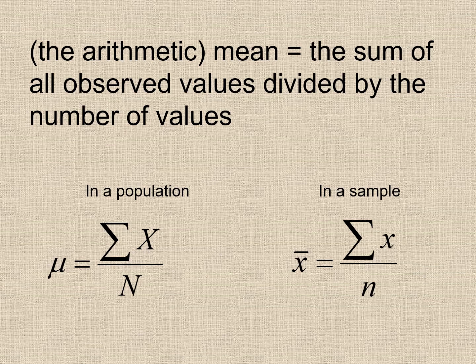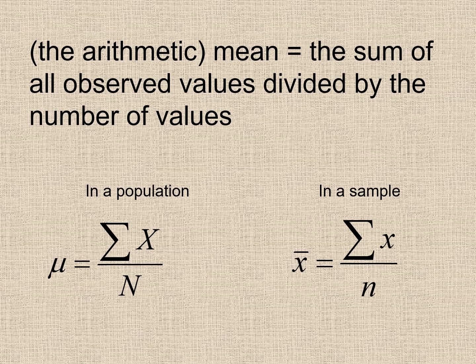So we have some formulas here. If we look at the left, in formulas it's quite common, but there are other notations also, to use this Greek letter μ. So the formula on the left says μ, the population mean, equals sigma, that's the E-looking letter, the Greek sigma, x, which means the sum of x.